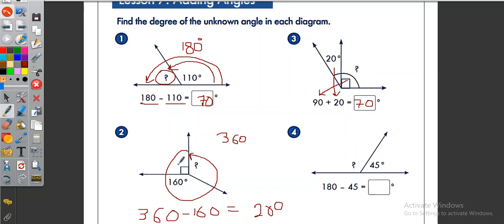Then take away this angle, which is 90. 200 minus 90 is, yes, exactly, 110 degrees.